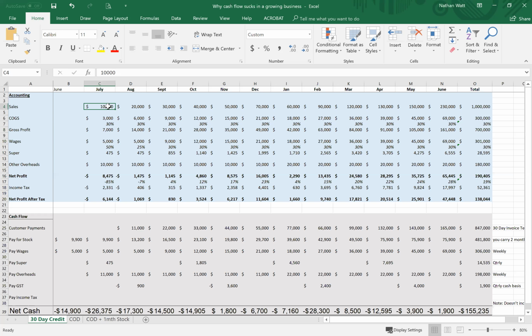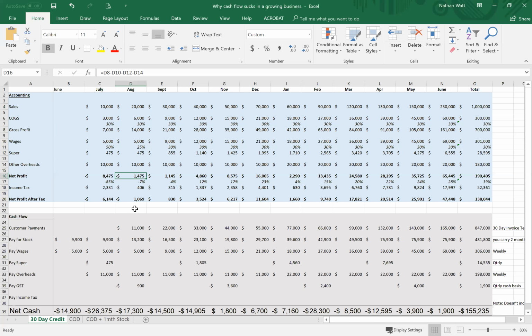So again, we've had to buy more stock for September and pay some wages. Also got to pay June super and pay the overheads, including GST. So in July, we made a loss for accounting purposes of $8,475. But for cash flow, we've actually spent $26,375. So that sucks. In August, $20,000 of sales, have a net loss there of $1,475.